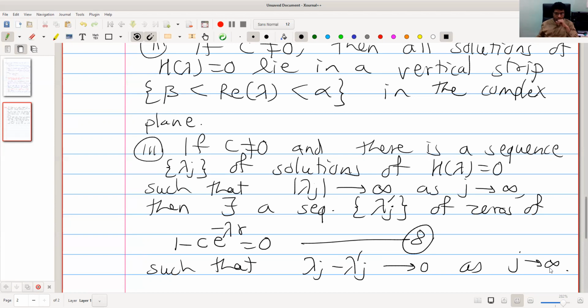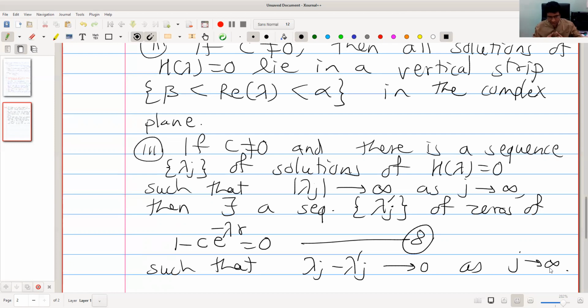In this case we can consider the equation 1 minus c e raised to minus lambda r equal to 0, and there is a sequence of zeros of this equation also. We call it lambda z dash, and this sequence is such that the difference lambda j minus lambda z dash is tending to 0.